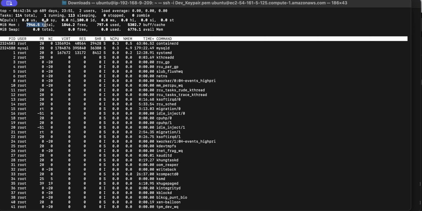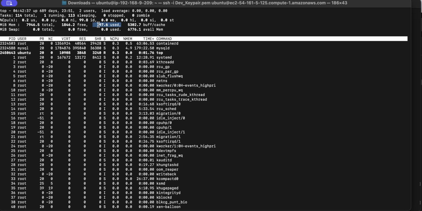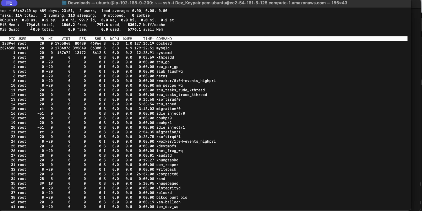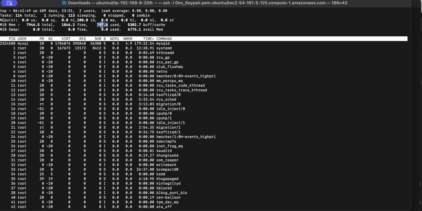After looking at these two values, you can know whether you need to upgrade your machine. Let's suppose total is 7945 and here it is 7597.